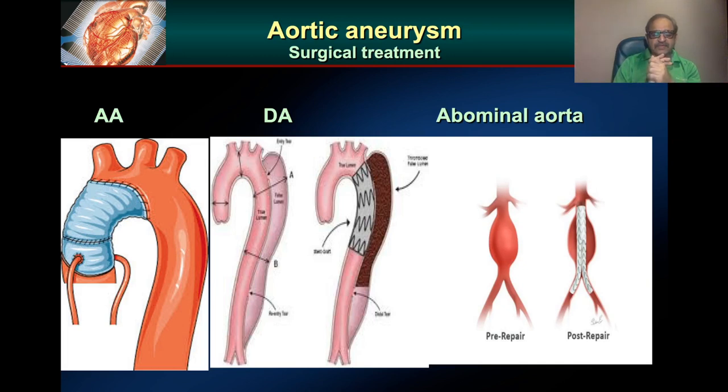And you can see that on the right side the coronary arteries are nicely implanted in the graft after surgery. This procedure can be done by open surgery or by endovascular graft insertion, which can also be done by performing cardiac catheterization.